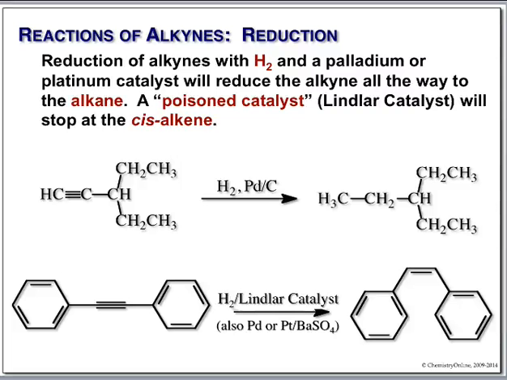So partial reduction, Lindlar catalyst, or you can remember platinum or palladium on barium sulfate. Probably on the exam, I would just go ahead and call it Lindlar catalyst. So this gives us our partial reduction with a cis isomer.